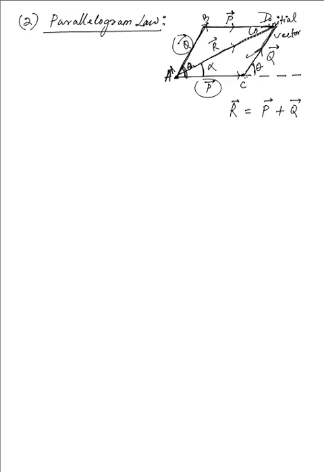Fine. So you can prove it in the same way as we had done in the case of triangle law, that we drop a perpendicular from the point D. Let us say this is the point S, and exactly in the same manner, we will obtain the value of R as the square root of P square plus Q square plus 2PQ cos theta, where theta is the angle between them.